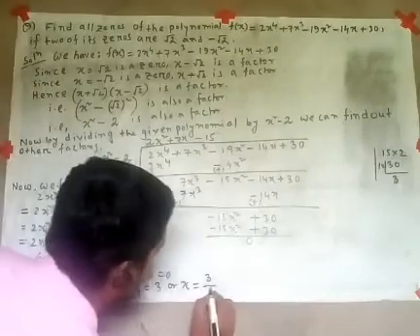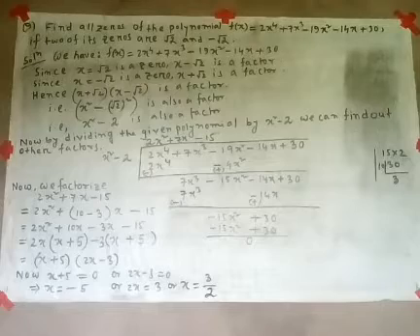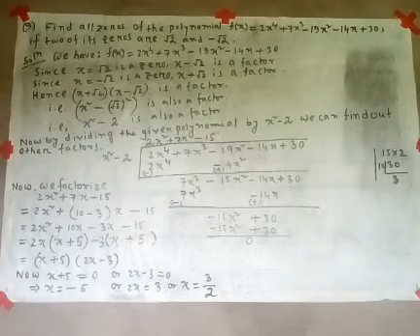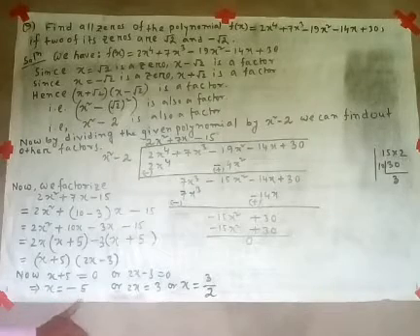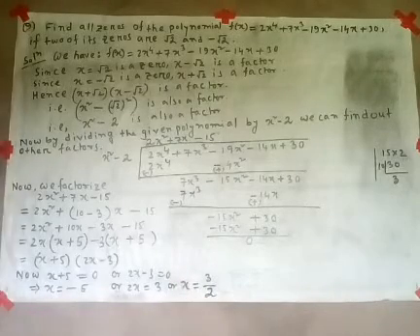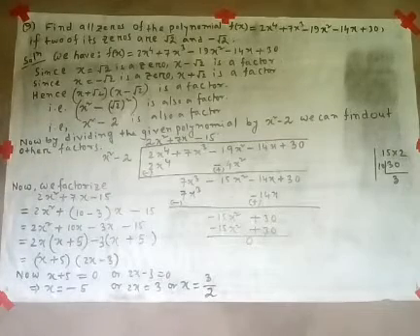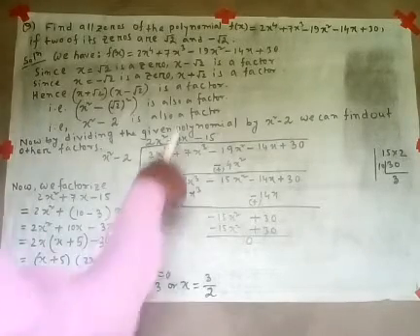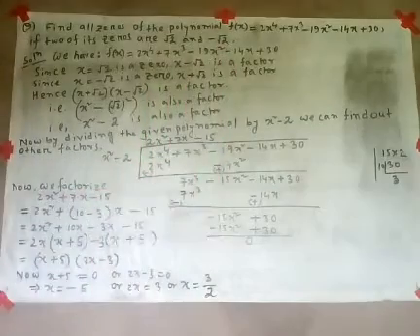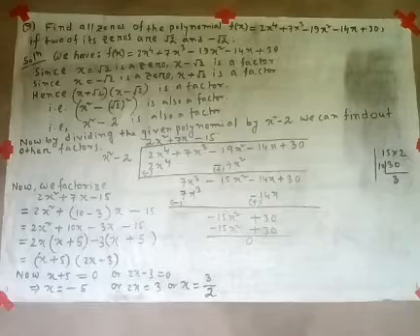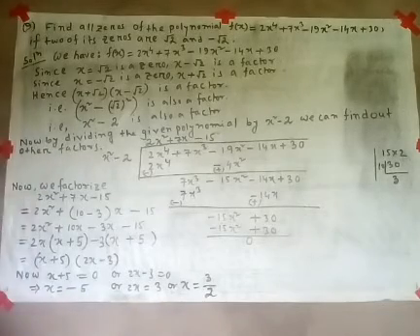It means 3 by 2. It means the values of x after factorization we are getting are minus 5 and 3 by 2. Already in the question, 2 zeros are given, root 2 and minus root 2. Now we are getting another two values of x, minus 5 and 3 by 2.